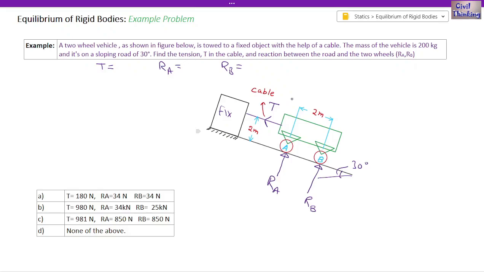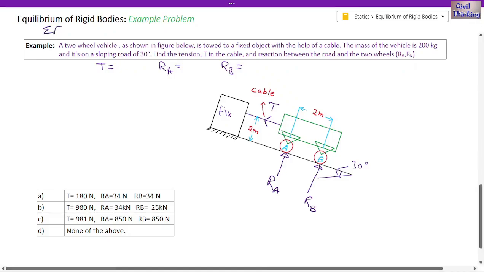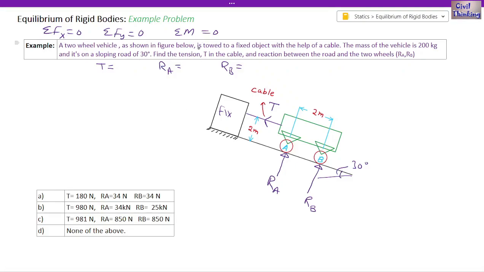Please note that this is a 2D diagram and a 2D body, so we will only use three equations of equilibrium: summation of Fx is 0, summation of Fy is equal to 0, and summation of moment about any point is 0. We will apply them one by one.